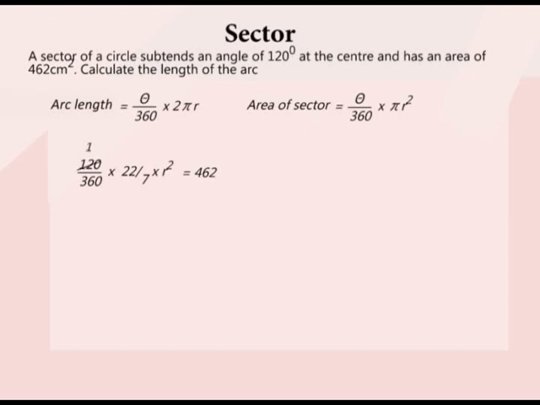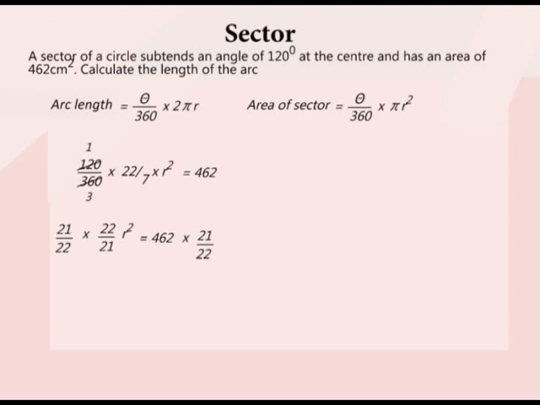120 over 360 is 1 over 3. And so we shall have 22 times r squared over 3 times 7. That gives us 22 over 21 r squared is equal to 462. To remain with r squared on one side, we multiply both sides by 21 over 22.